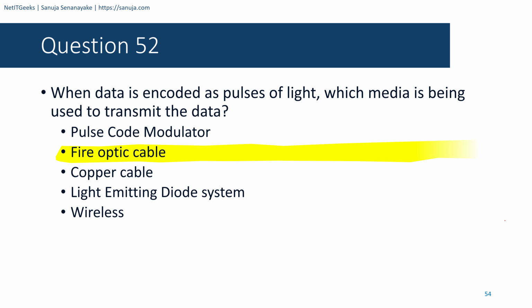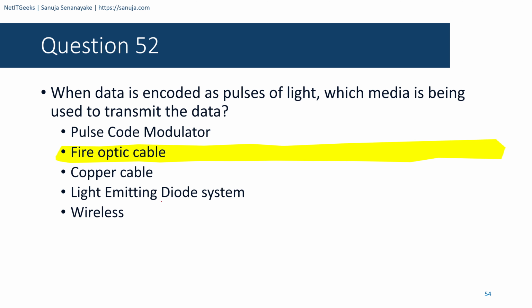However, pulse code modulators are also used in transmitting light in media, but we don't cover PCM in our CCNA program. So this is probably the first time you are even hearing the term pulse code modulator, unless you have taken other classes or have experience in IT. The answer is fiber optic, because that is the best answer out of all the answers here.